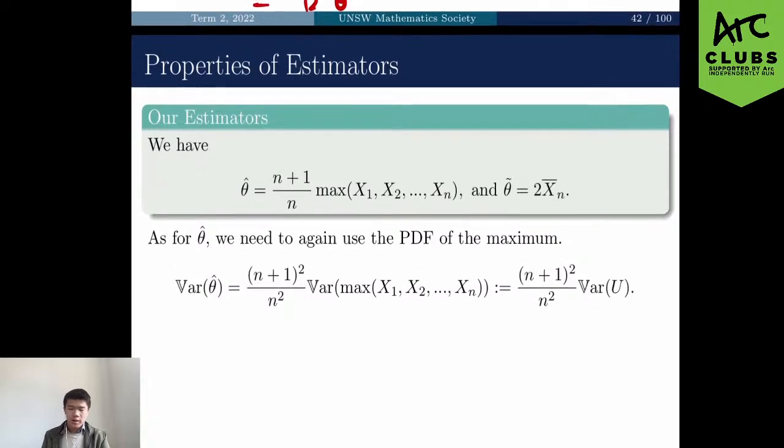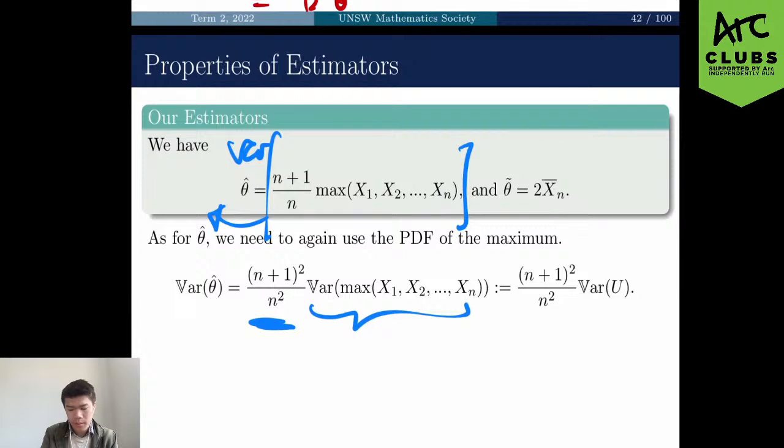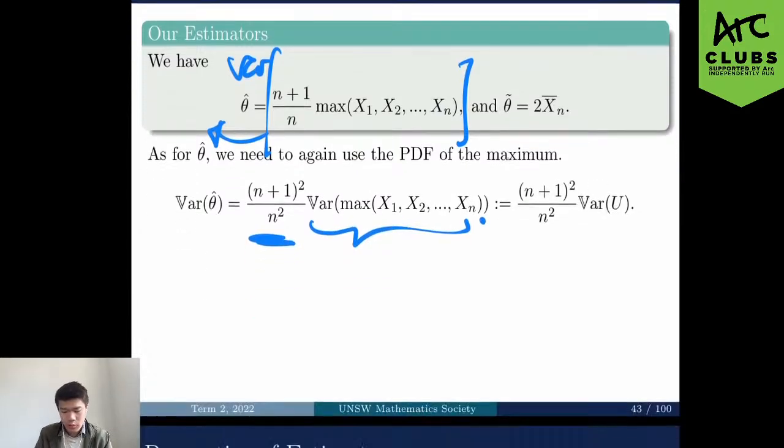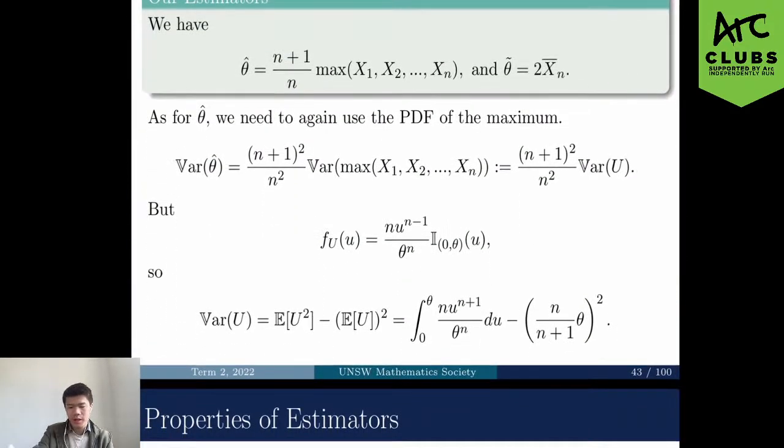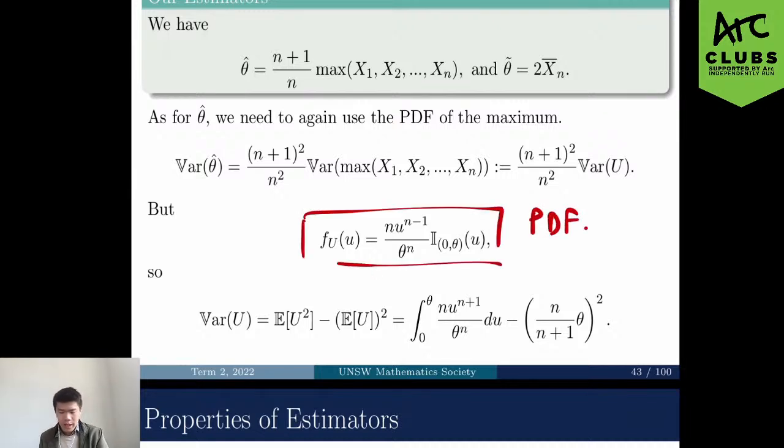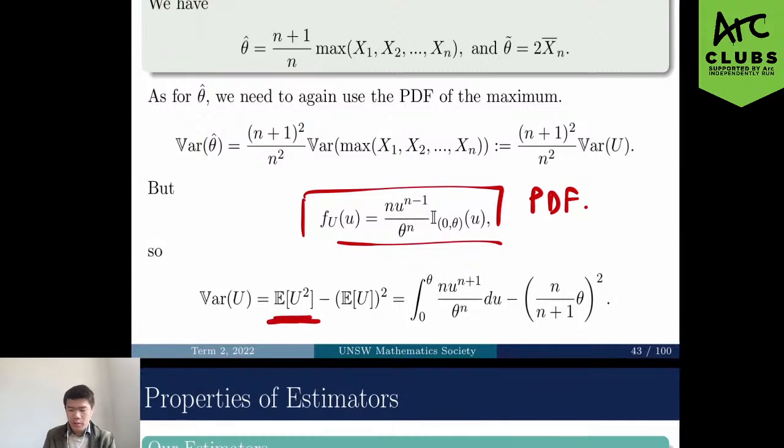Cool. Alright, so now we're looking back at the other one. It's actually the same concept. All you have to do is take the variance of this thing. To do that, you take out the constant and you square it, and then you take the variance of the maximum. How do you take the variance of the maximum? Well, it's pretty simple. You look at the PDF, and simply calculate the expectation of u squared minus the expectation of u all squared.